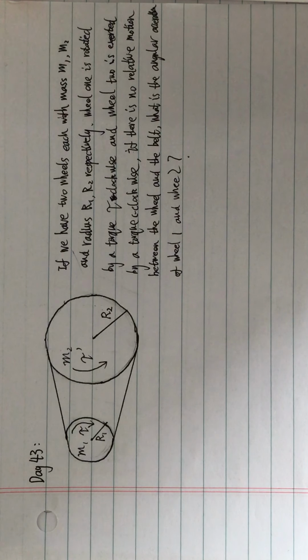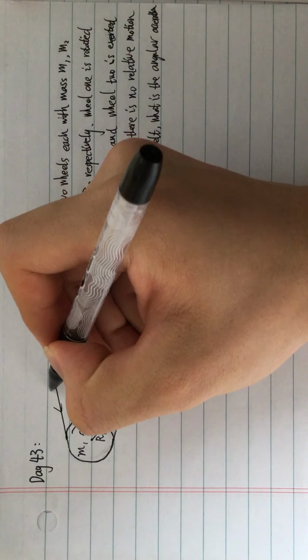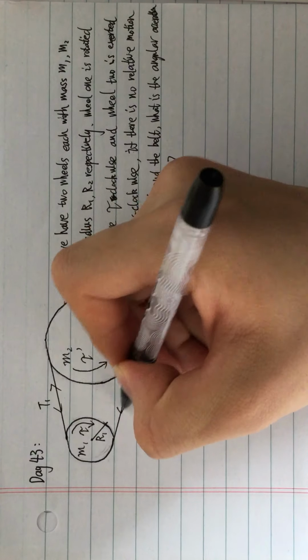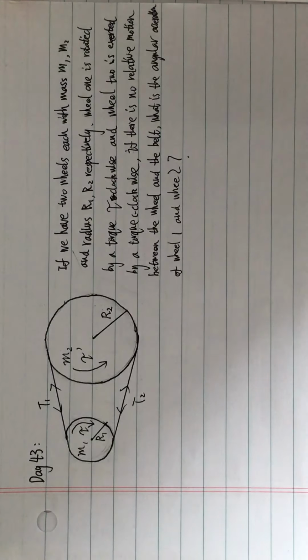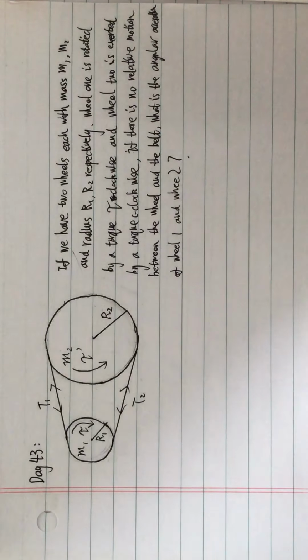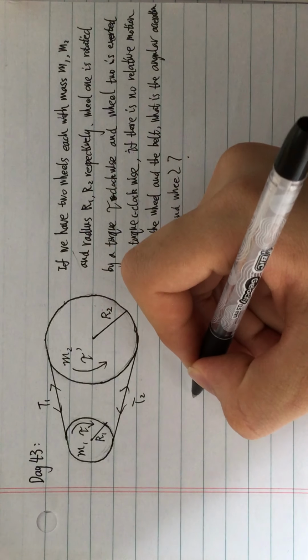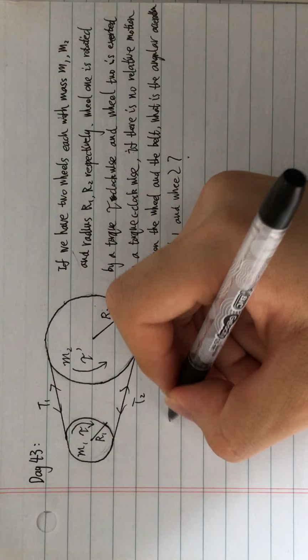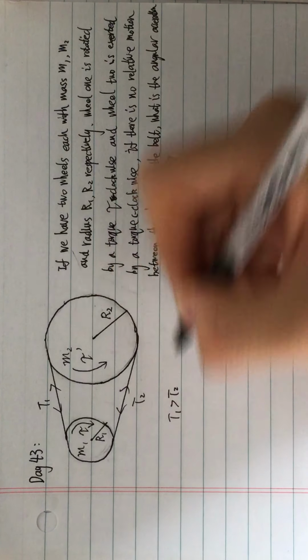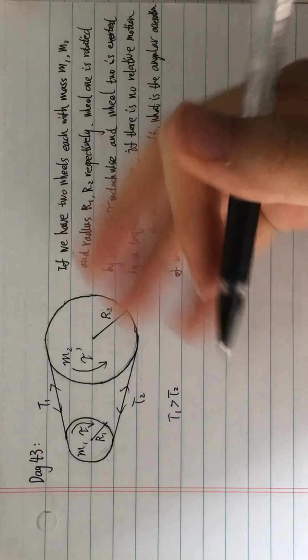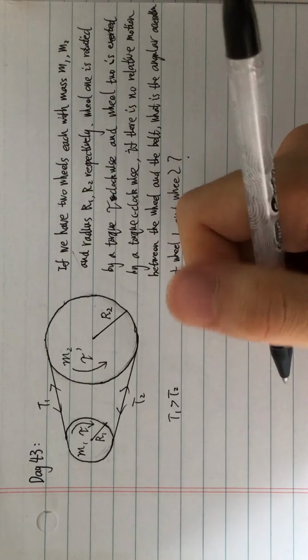Welcome back, guys. First, we need to write out the force components along the belt, the tensions T1 and T2. Then we can equate the torque with the moment of inertia times the angular acceleration. Let's assume that T1 is bigger than T2; it works the other way as well.